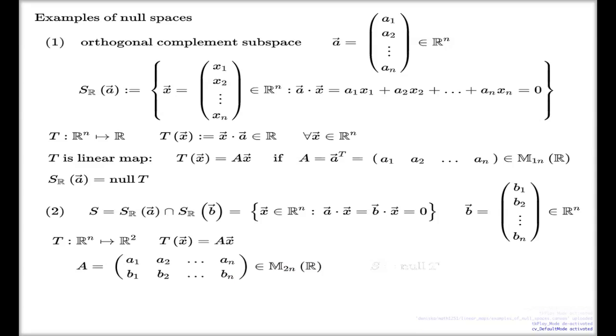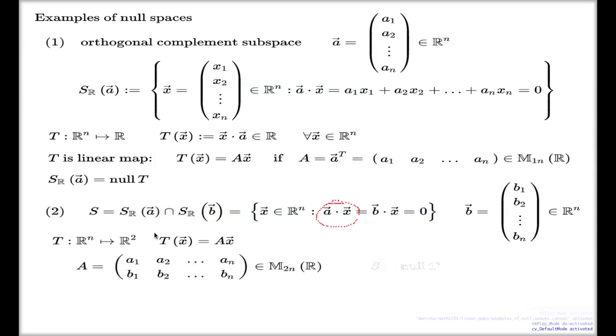Here we go. If you imagine what this map does on the vector x, it takes this n-dimensional vector and returns a two-dimensional vector, so there will be two components in that vector. The first component will be the dot product of the first row of this matrix and the column here, which is this regular dot product.